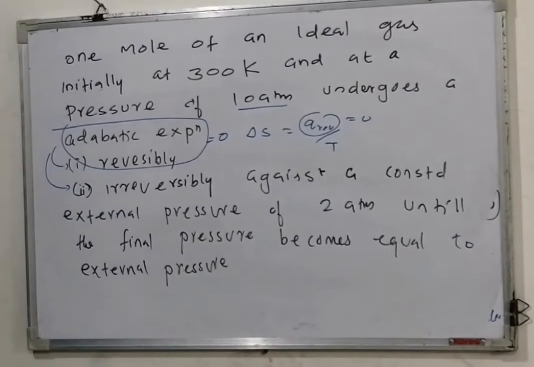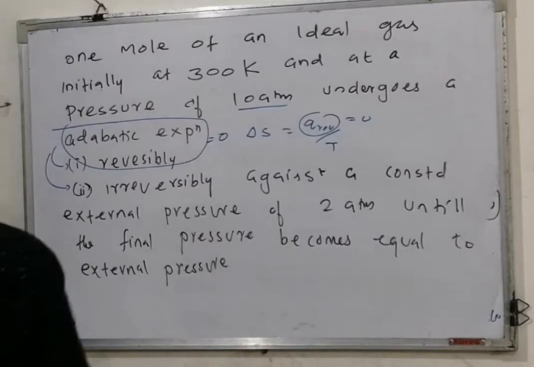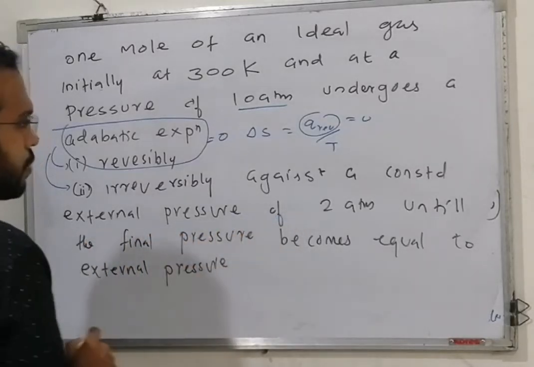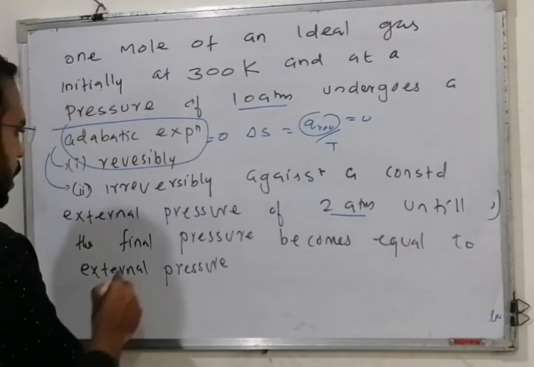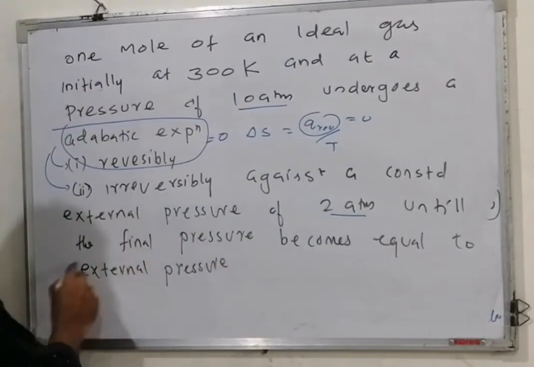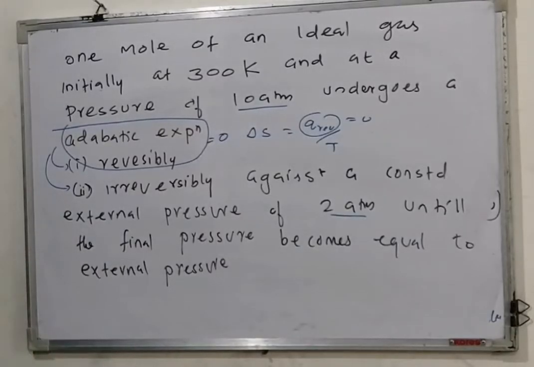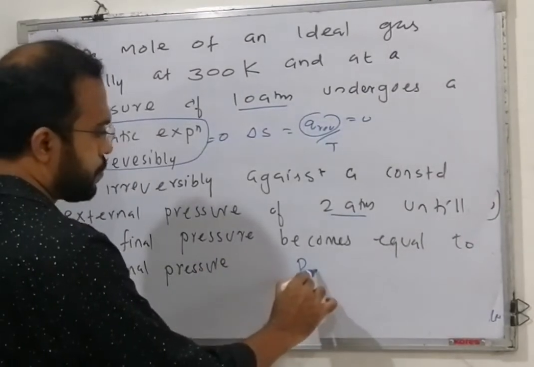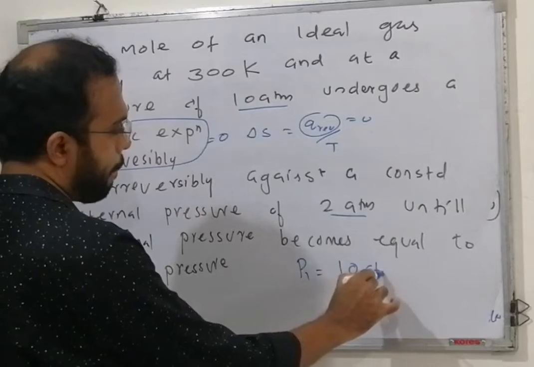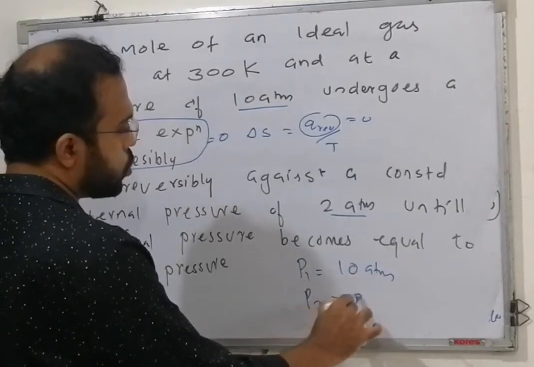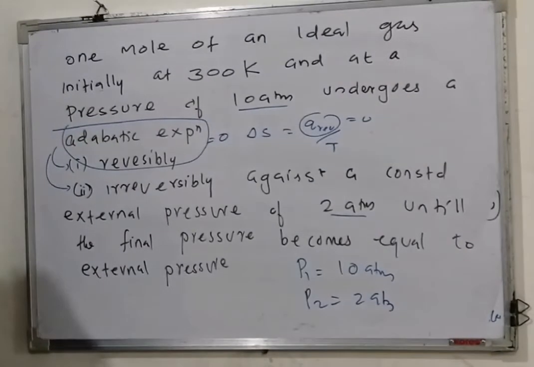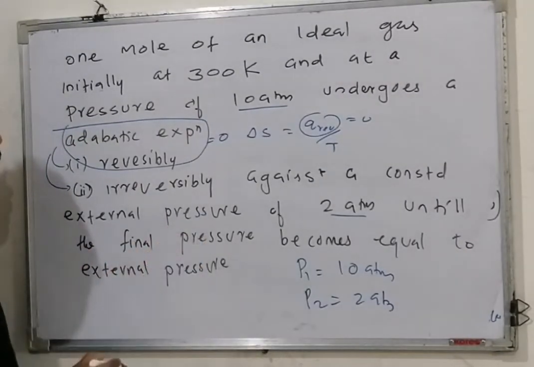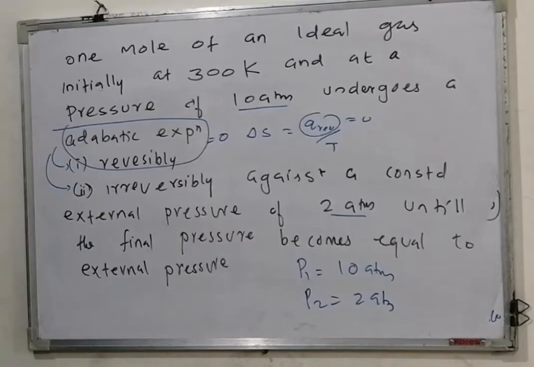No more calculation. But irreversibly against a constant external pressure, 2 atm, until the final pressure becomes equal to external pressure. Therefore, P1 is equal to 10 atm, P2 is equal to 2 atm. Okay?